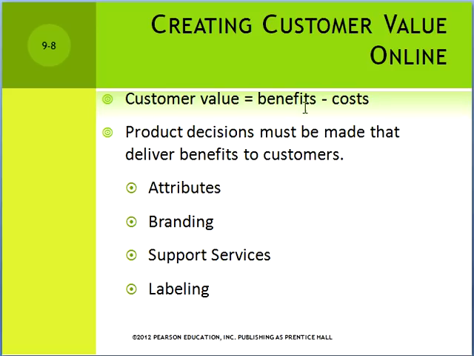And how you can increase those benefits is based on these four areas, especially online. The attributes related to the product or service which you're offering, the branding, how famous is your brand, and then the support services, what kind of support service do you provide to your customers.